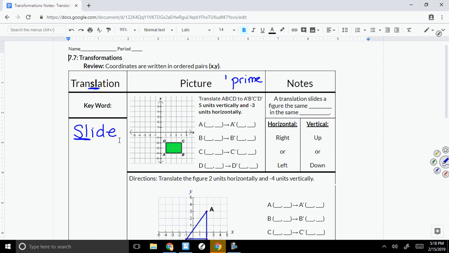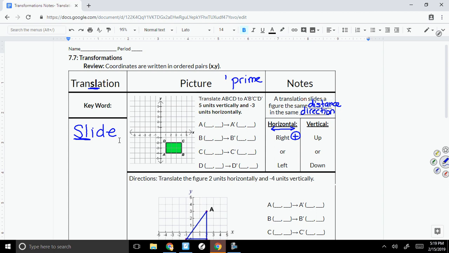Over in our notes column, it says a translation slides a figure the same distance in the same direction. When we talk about horizontally moving, that's moving from either left or right. I'm going to make a little arrow to remind myself what horizontal means. If it is a positive number, that's a clue to go right.